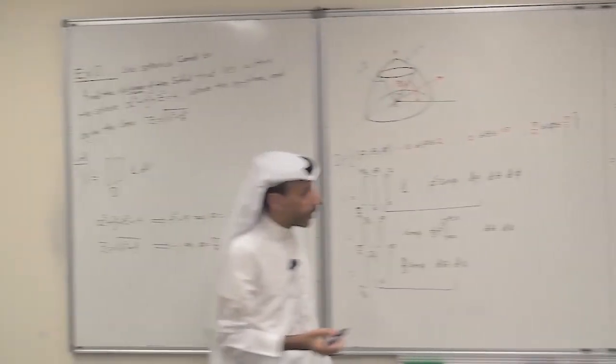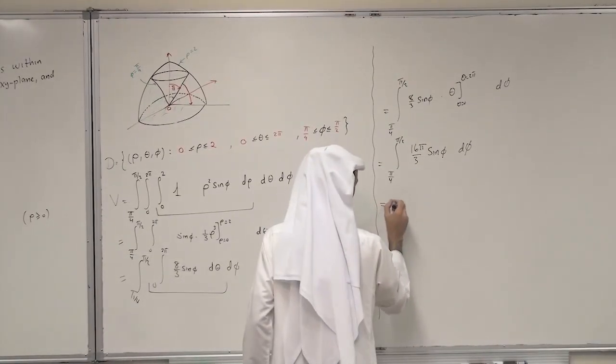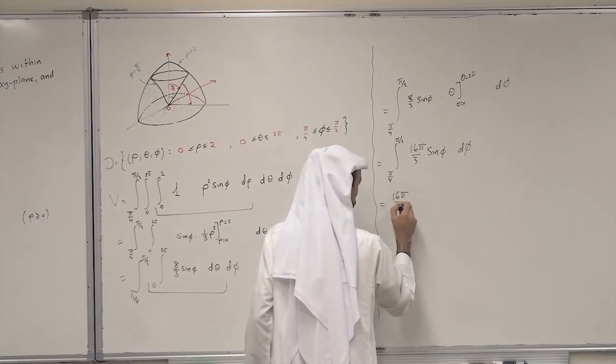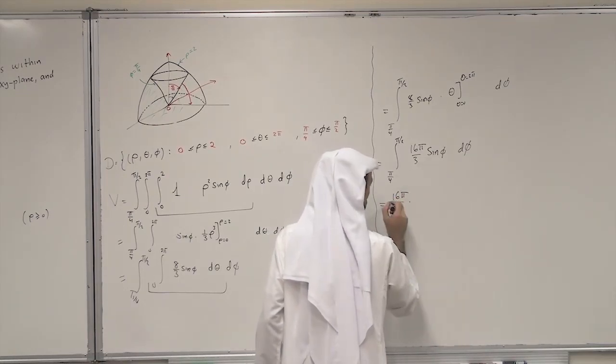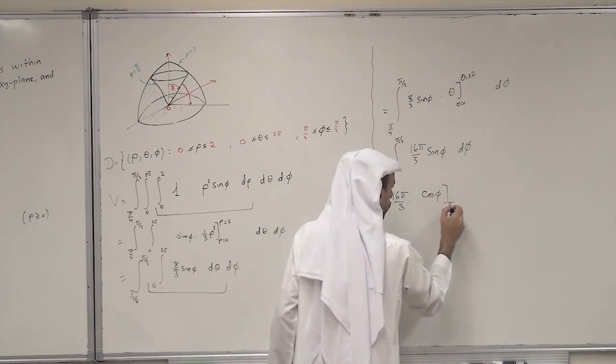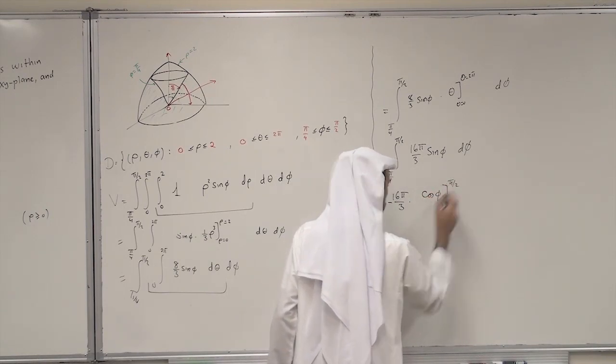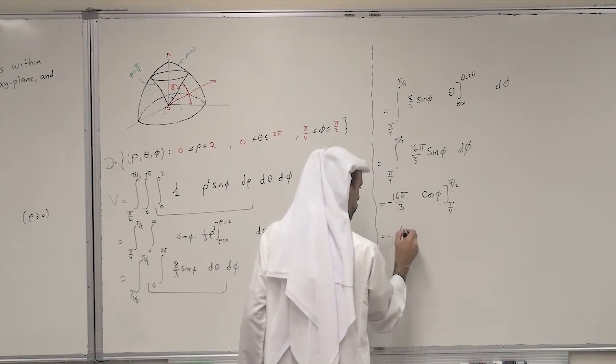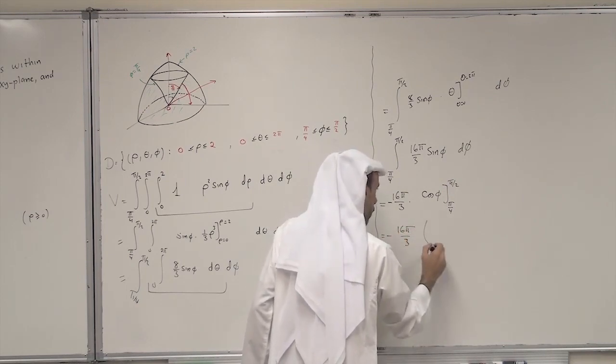Now we integrate sine phi, so this is 16 pi over 3, the integral of sine phi is minus cosine phi, from pi over 4 to pi over 2. And this is minus 16 pi over 3.